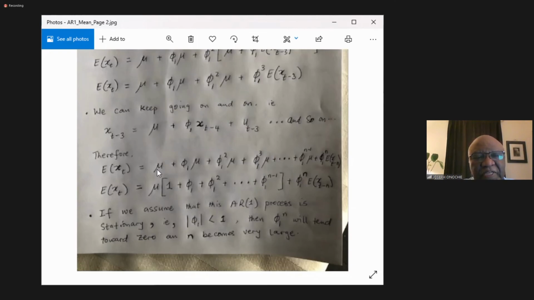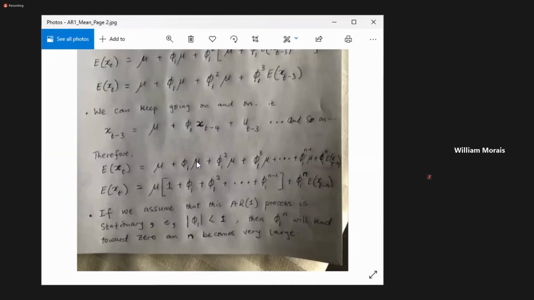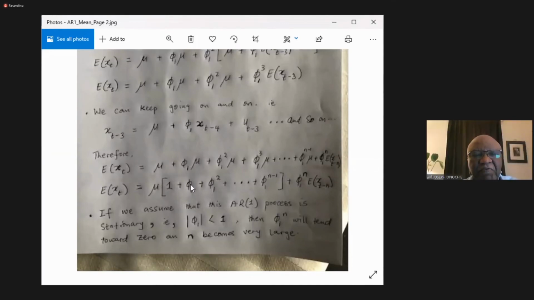Guys, if I remove this from here, I have 1 left. Yes? If I remove this from here, I have phi1 left. If I remove mu from here, I have phi1 squared left. I keep going. So I pull mu out, and I have all these things.